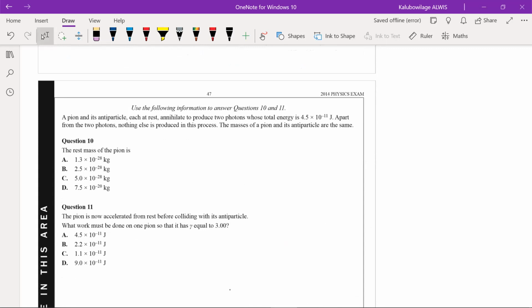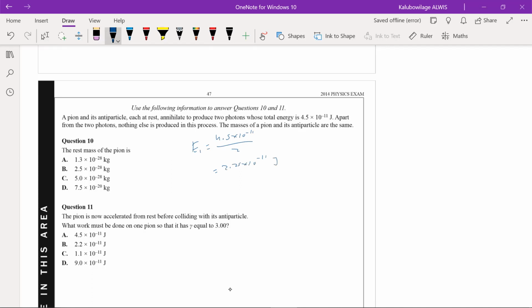So we can find the energy for one of them. 4.5 times 10 to the power minus 11 divided by 2 comes down to 2.25 times 10 to the power minus 11 joules.